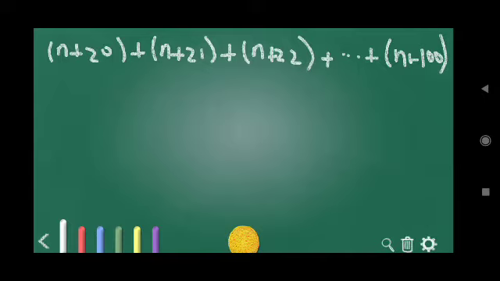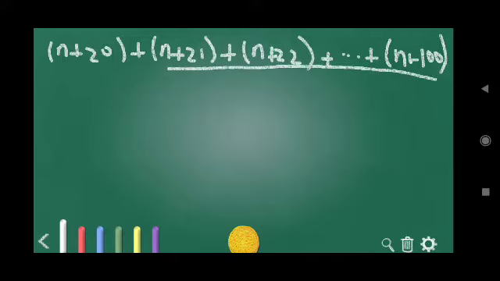So for us to be able to find the solution, we need to add all the expressions because the expression has the addition symbol.